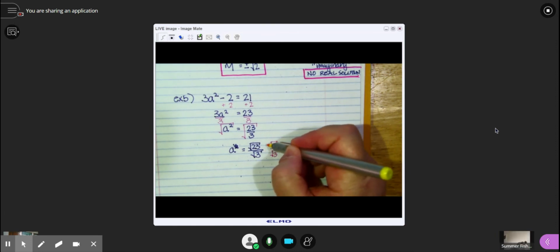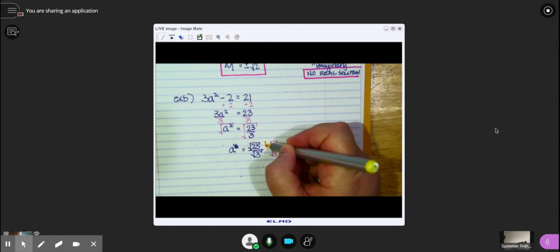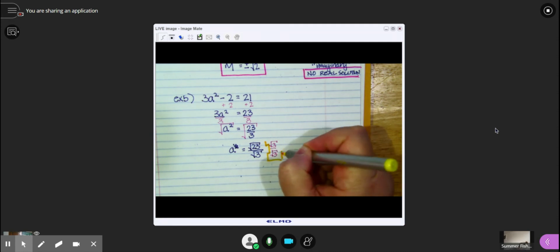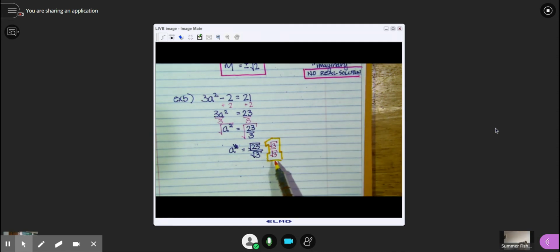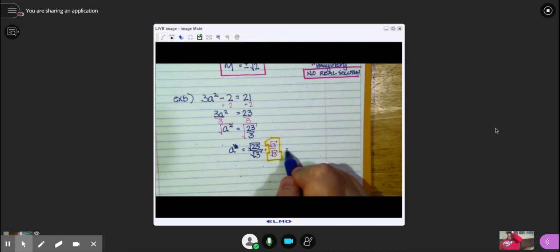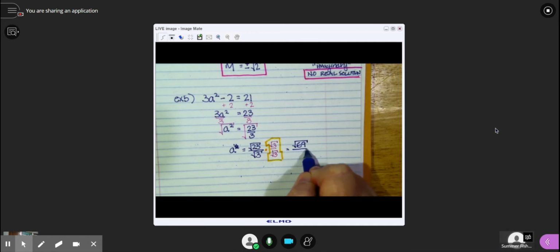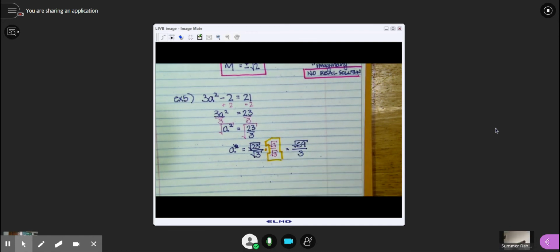Keep in mind, this is the same as multiplying by a 1. Right? Because what is the square root of 3 over the square root of 3? It's just a 1. But what it does is it takes the square root out of the denominator.